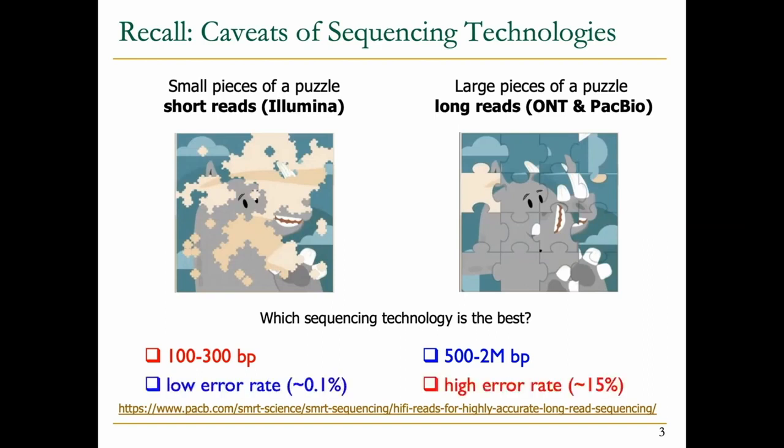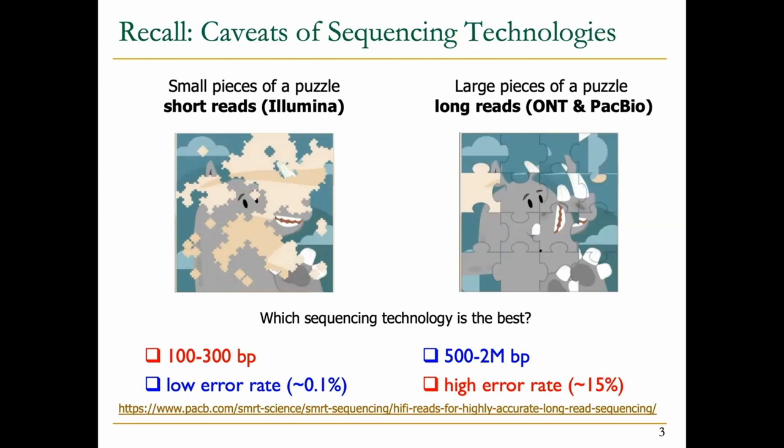So in that sense, third generation sequencing technologies are more advantageous. But usually a trend is that second generation sequencing technologies produce reads with very low error rates, which are around 0.1%. And third generation sequencing technologies are known to produce reads with a high error rate, which is around 10 to 15%.